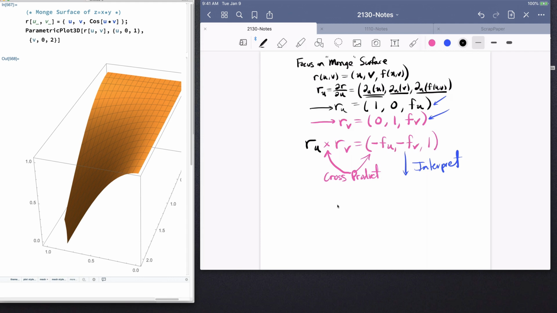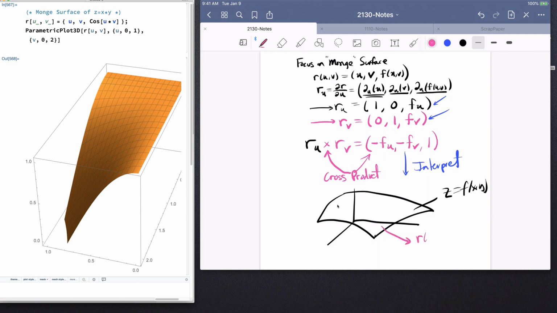In the past, we have seen where this cross product comes in. Here we have a surface z is equal to f of x, y. We also have an interpretation of it now as a vector valued function or a parametric surface r of u comma v, f of u comma v.